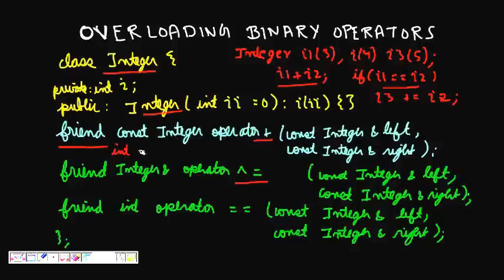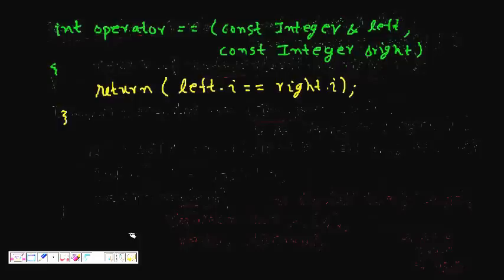Let's say I add an int, a public function, int get I, which is const, and I return I. If I have this method get I as a public function, can I remove this friend function and still have that method?